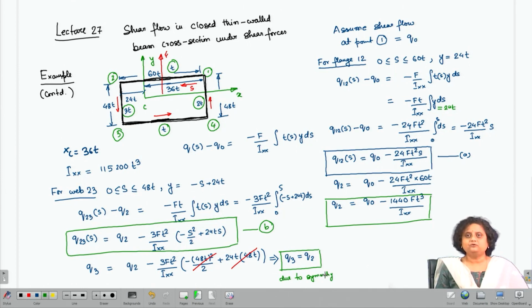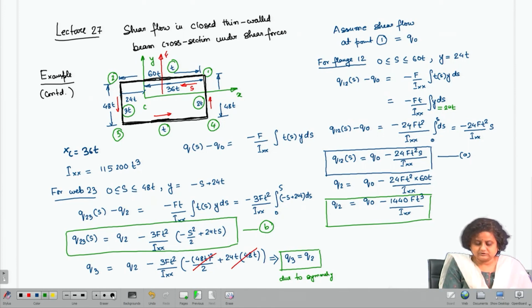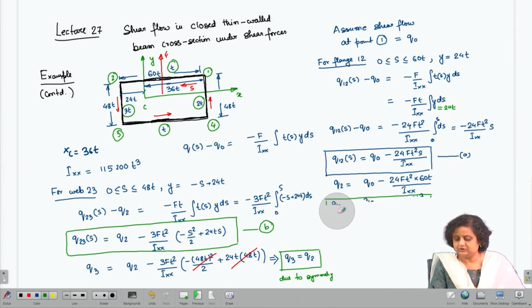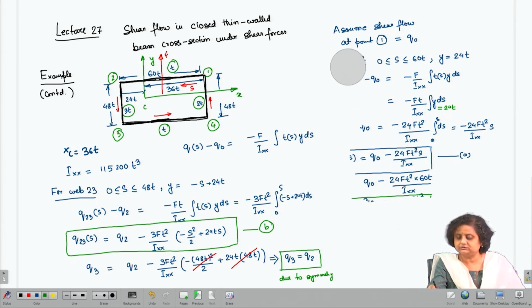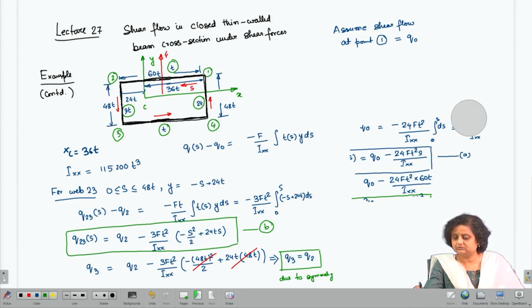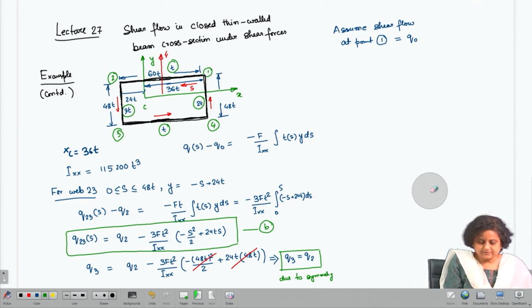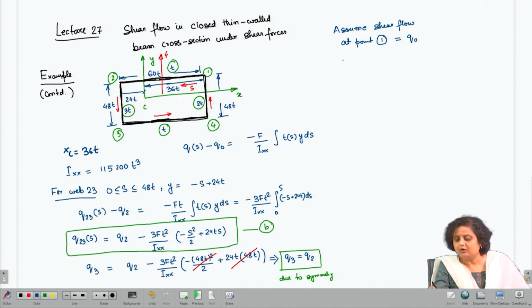Now, let us try to find out the shear flow in the portion 3-4. So, let me just erase this off and let me find out the shear flow for flange 3-4.